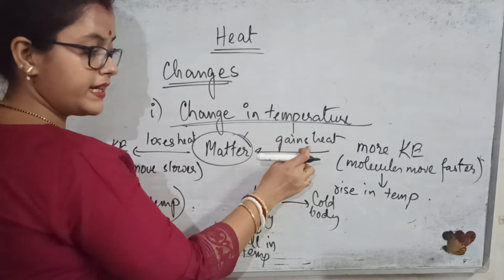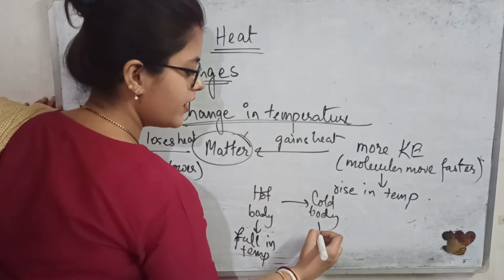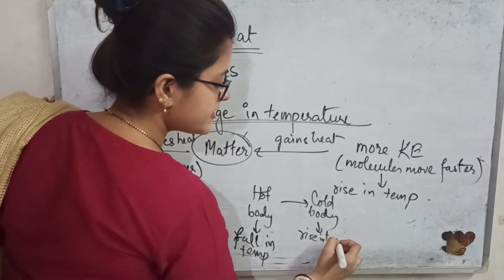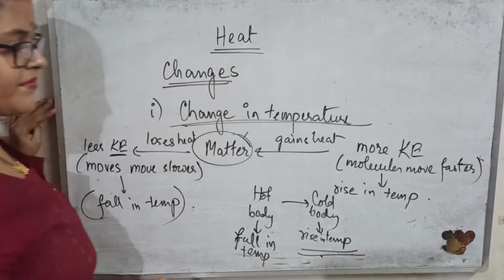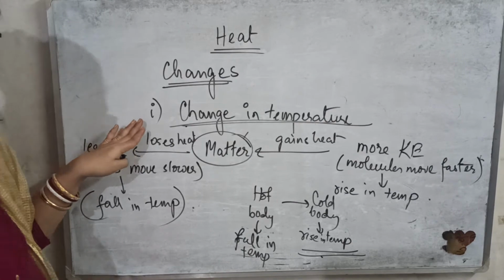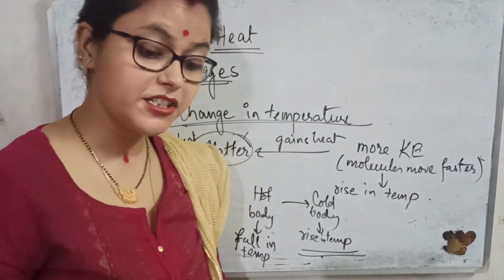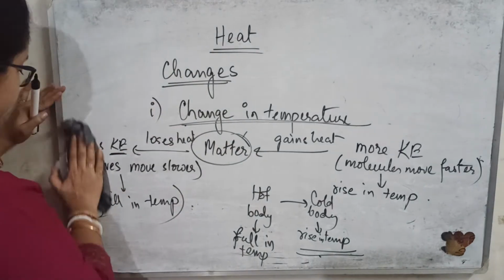So the cold body, when it gains heat, will show a rise in temperature. Okay, so this is the first change that we will observe when heat gets transferred, that is a change in temperature.